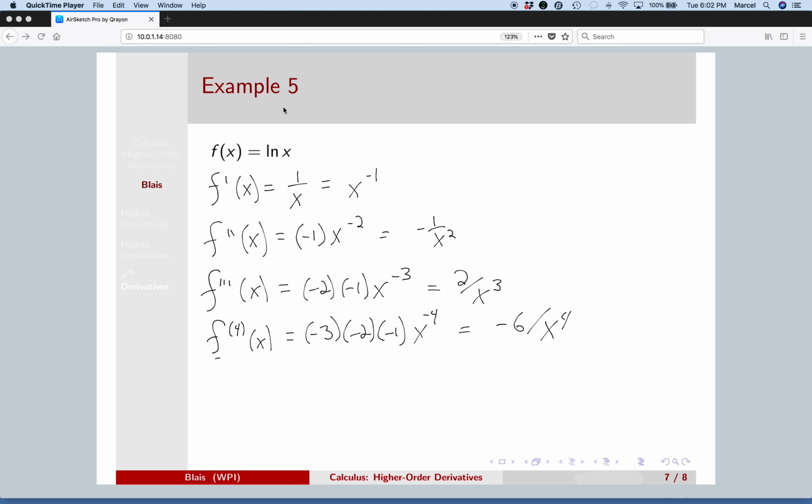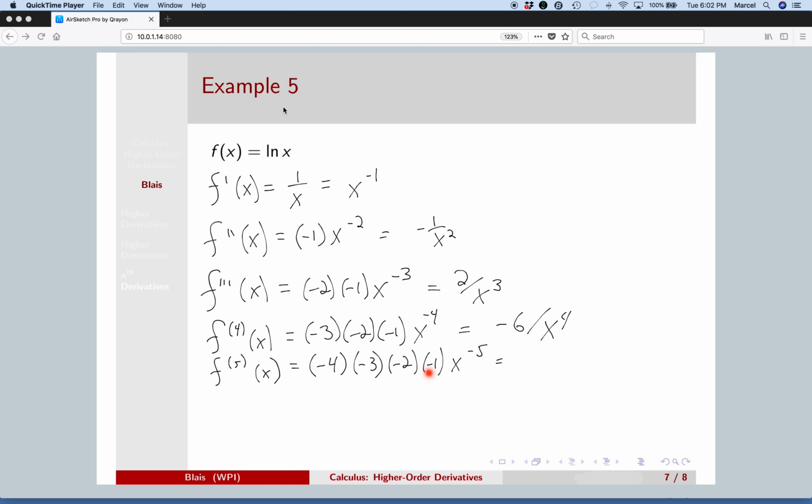Why don't we identify the pattern? Fifth derivative of x. Again, bring the minus 4 out front. Minus 4, minus 3, minus 2, minus 1, x to the minus 5.